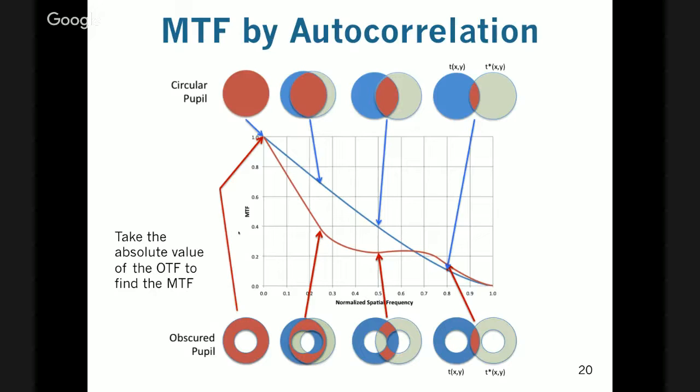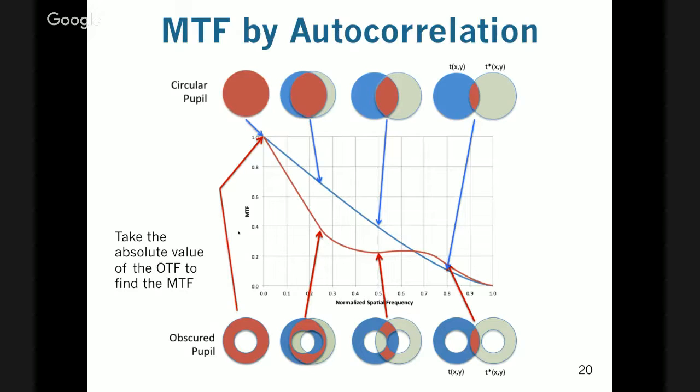And you'll notice that that condition continues until we get to the point where the two pupils are such that the obscuration is no longer a part of the area. And you can see that when we take that area on the bottom right, it's the same as it is on the other side, but we're divided by a lower area.